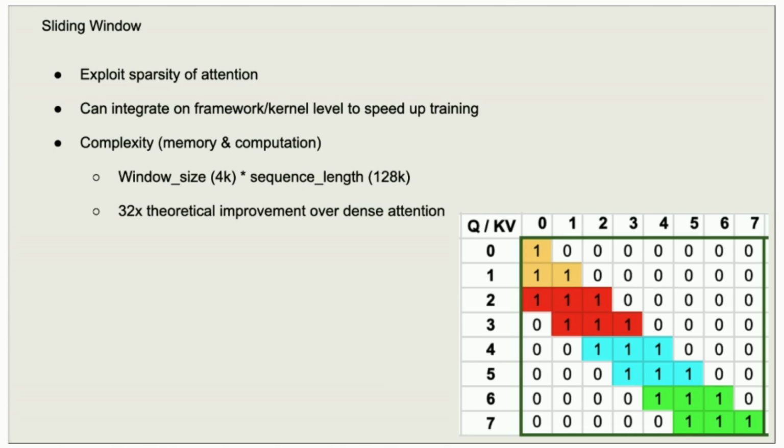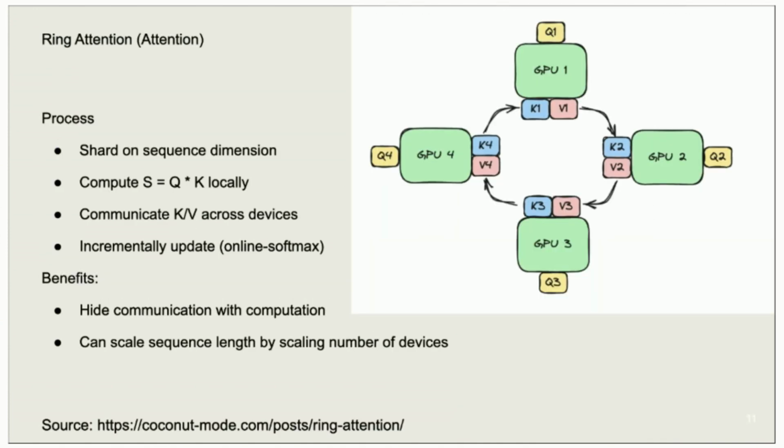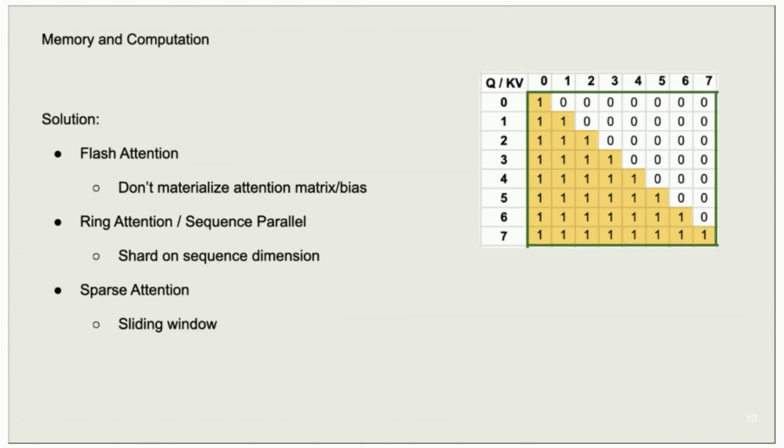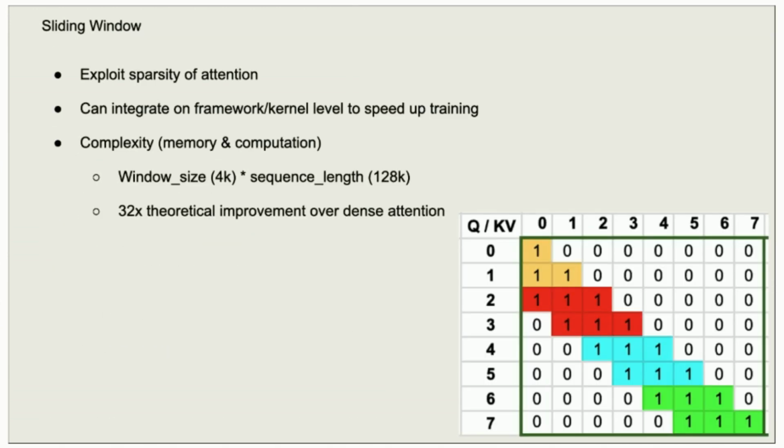So let's say you're doing 128K sequence length training. Your computation complexity, theoretically, should be 4K times 128K, instead of 128K by 128K if you do a full-on causal mask like this, and this will give a 32x theoretical improvement over the dense attention approach.